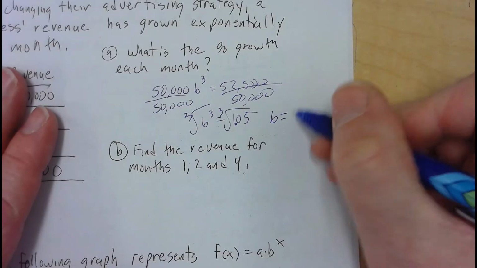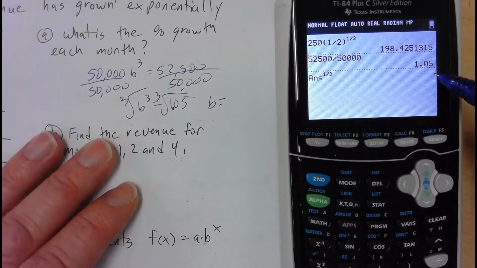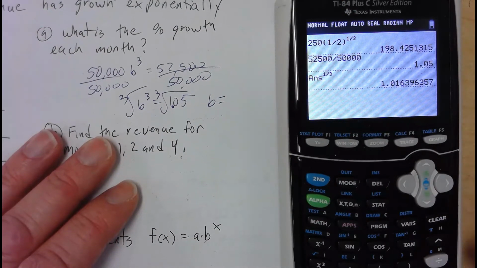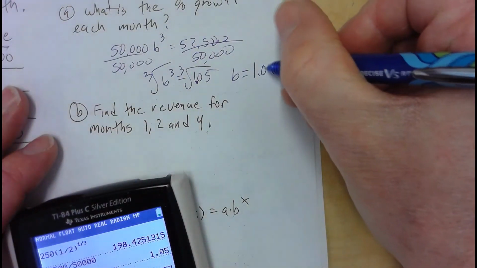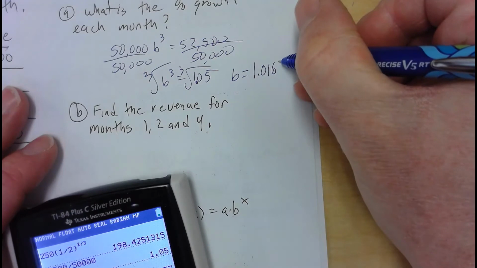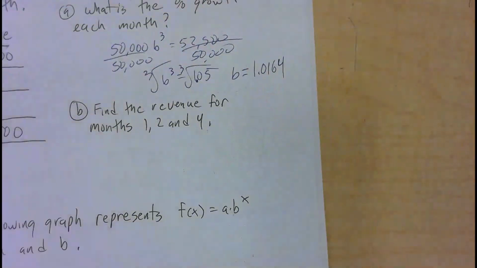So B is the cube root of this. So we're going to raise this to the 1/3 power. So the 1/3 power is the cube root of the last answer. And I get 1.016, I'm rounding 4. So I round it 6.4. Okay, so that's the B.